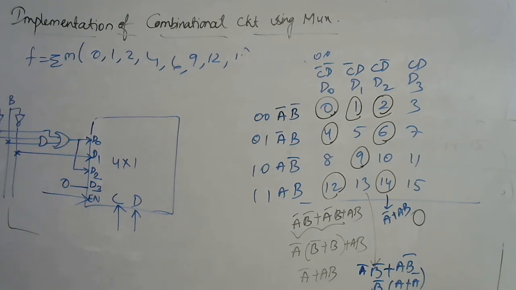This is all about how to implement a combinational circuit using a multiplexer. So I'll just summarize. If the number of variables in the SOP expression is equal to the number of select lines, you can directly draw the corresponding multiplexer circuit and write the corresponding values as ones for whichever numbers are given in the question.